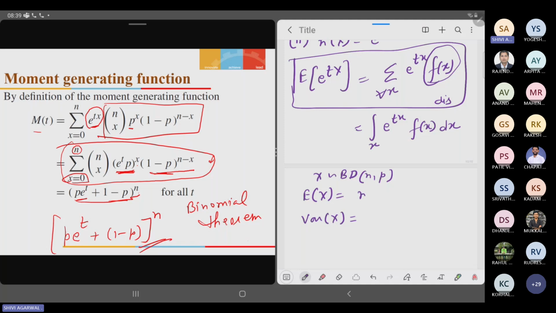It is np and this is npq, or we can also write np(1 minus p). From that we can also find it in the summary sheet. I also discussed the moment generating function and told you we would discuss it later on. So here it is (p e to the power t plus q) to the power n. That is the moment generating function here.